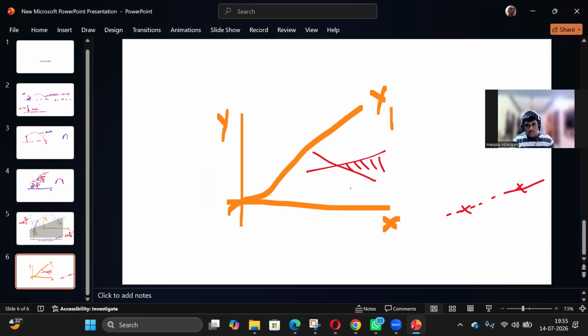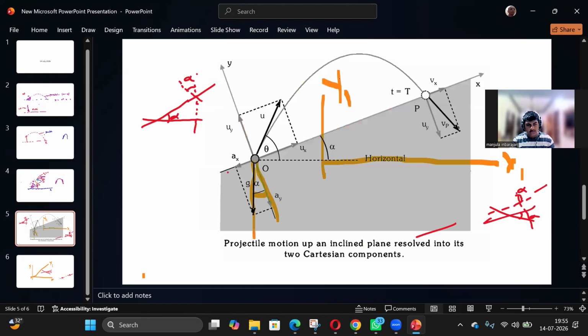So for this projectile motion, it's a motion in a plane, no? So what are the two lines that define the plane? I can say one line is obviously the gravity. Gravity will give you a vertical line, right?